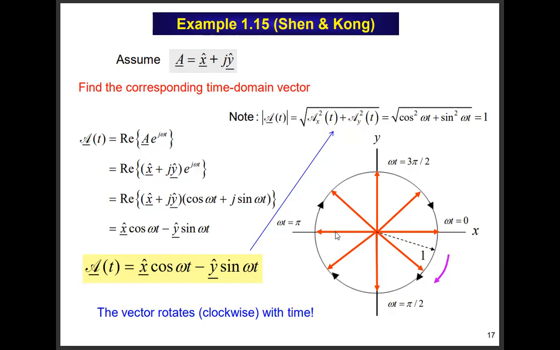Okay. Now, if you look at the y component here over the x component, don't forget the negative sign. Okay, that's going to be negative sine over cosine, so negative tangent, right? That's going to be negative tangent omega t, right?